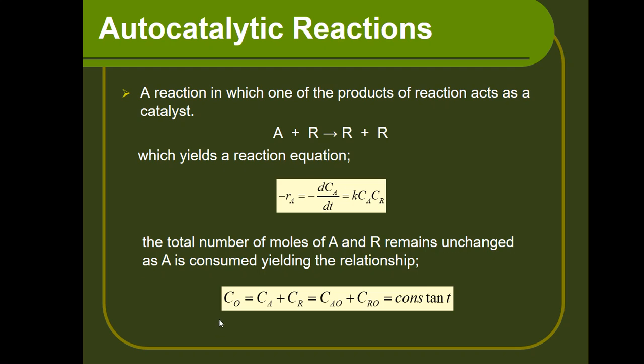So if you have initially a total concentration of C0 for A and R, at any particular time, the concentration would be equal to that initial concentration. So Ca plus Cr.